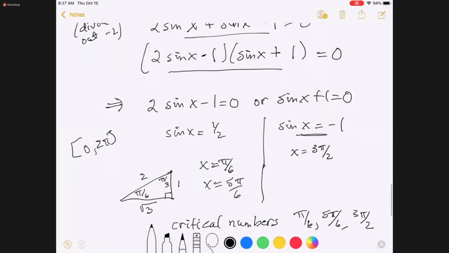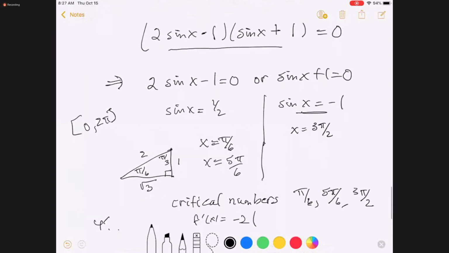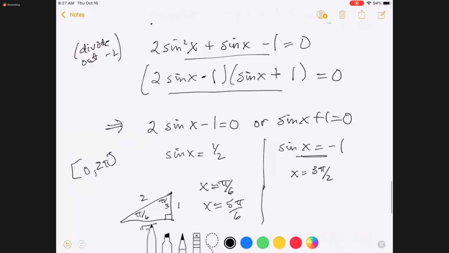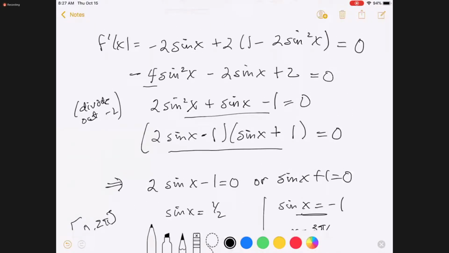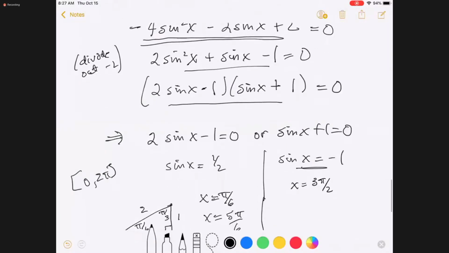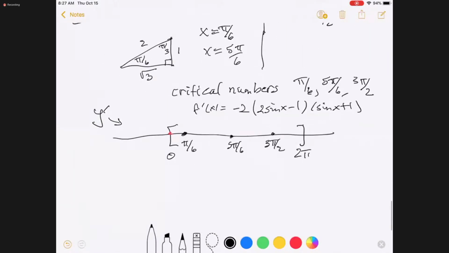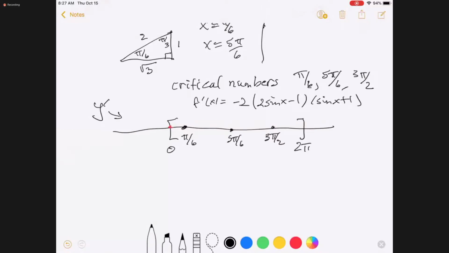F prime of x is minus 2 times 2 sine of x minus 1 times sine of x plus 1. Yeah, because that was actually f prime. Okay, 0. Well, the sine of 0 is 0.